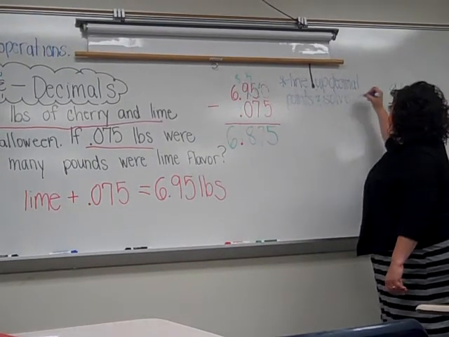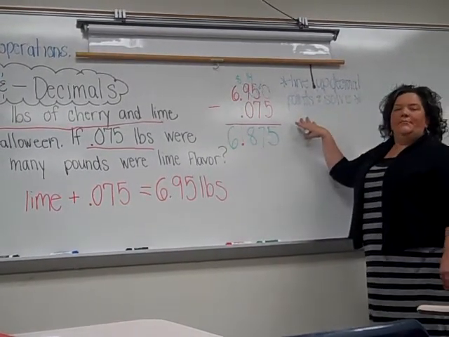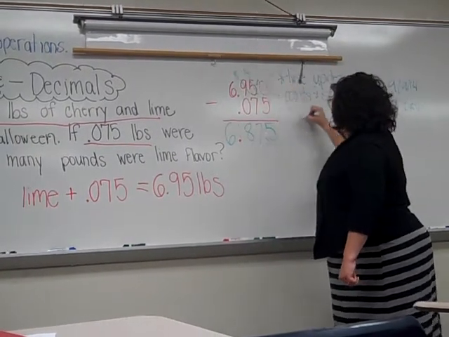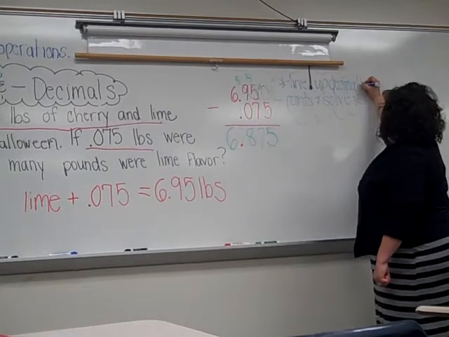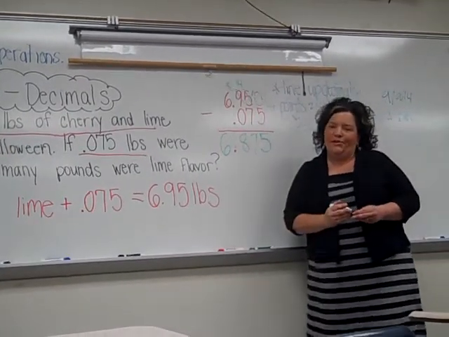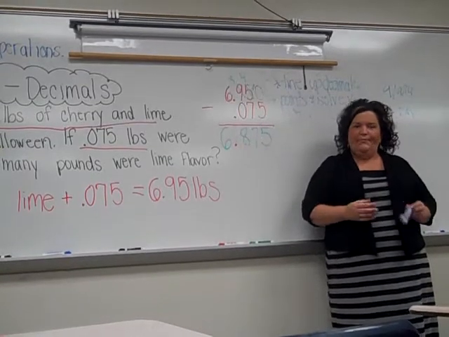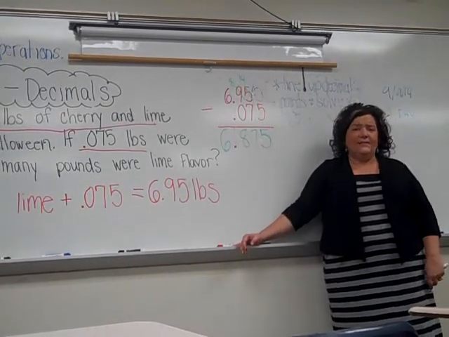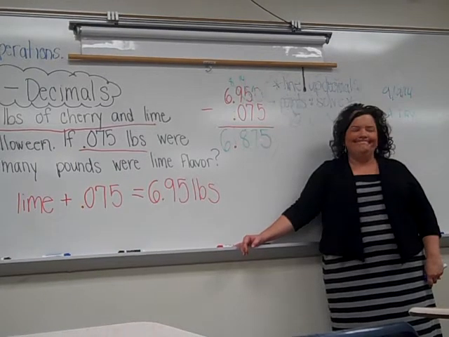And children, if you could put a star next to this statement, maybe a big old thinking cloud. I like to put a heart, a smiley face, because this is the important step you have to be able to understand to solve word problems with adding and subtracting decimals.